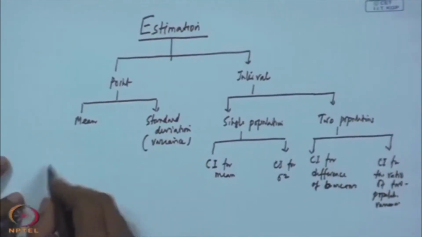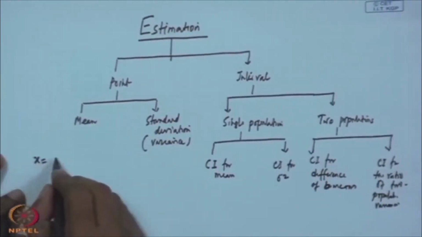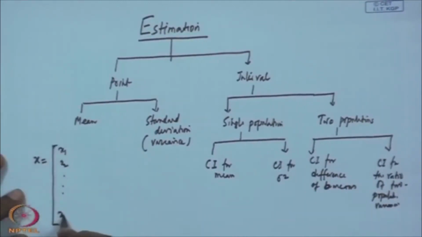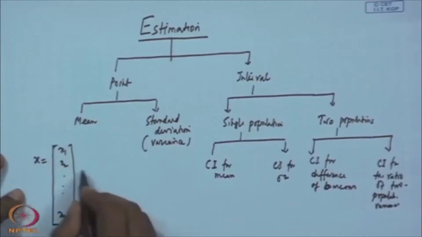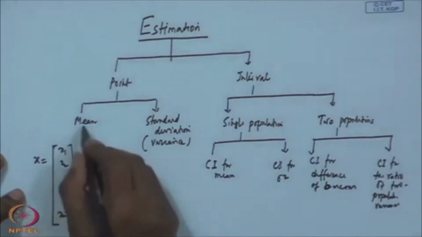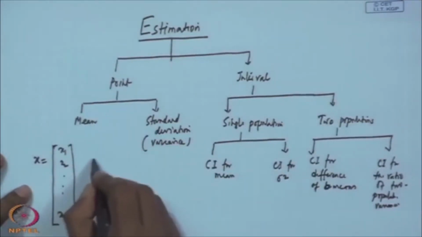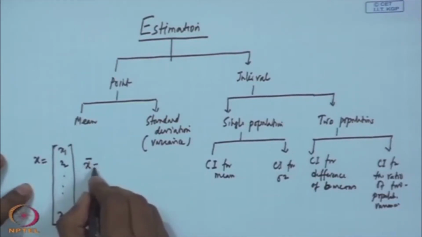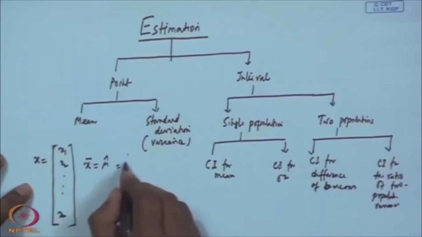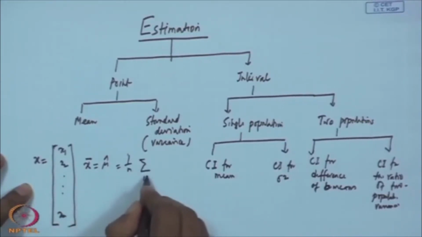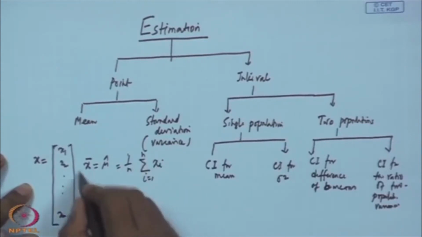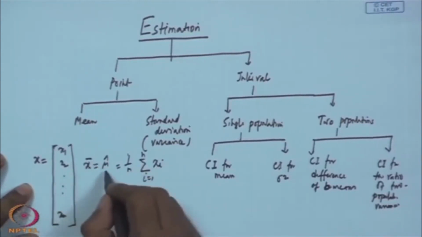So, if you have n observations x1, x2, like this xn, all of you know that the estimate of the mean is the average of the sample data. So, if I say x bar is an estimate of mu, then you all know that this is 1 by n, sum from i equal to 1 to n of xi. So, x bar is the estimate of the population mean.